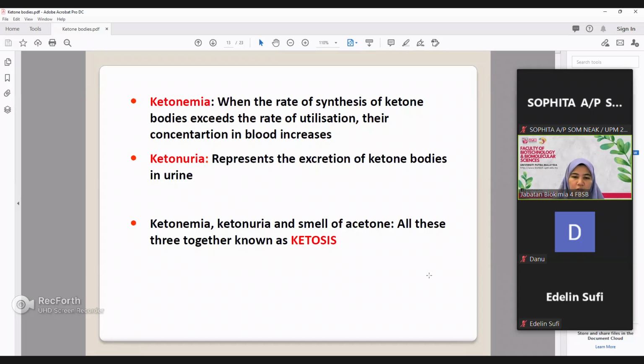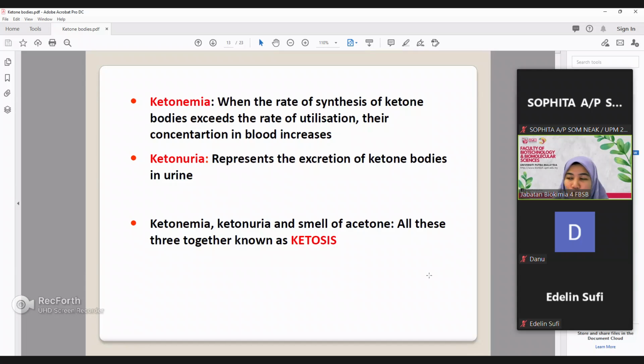All of these three together are known as ketosis. Basically, when we have an abnormal rise in concentration of ketone bodies, in blood, in urine, or in untreated type 1 diabetes patients, this is known as ketosis.